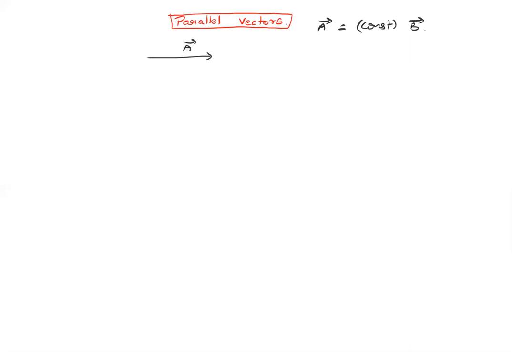If you have a vector a bar, the unit vector of this is a cap. If you have another parallel vector, which is b bar, the unit vector of this is b cap. Now remember, unit vectors will be same. Unit vector indicates direction, so obviously it is supposed to be same.